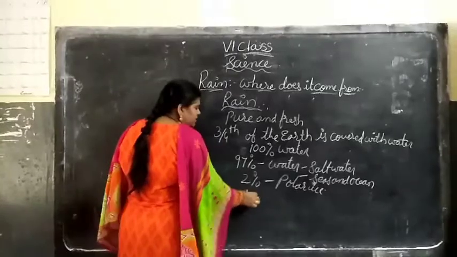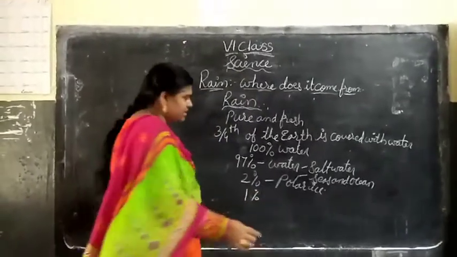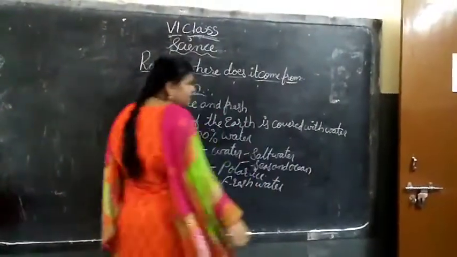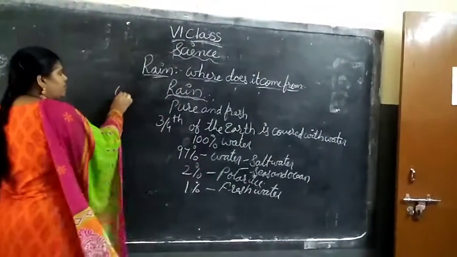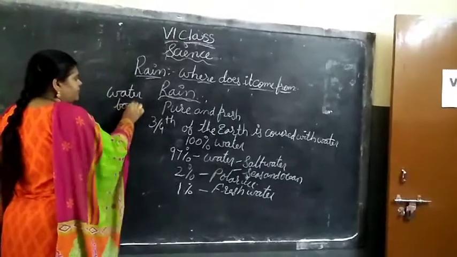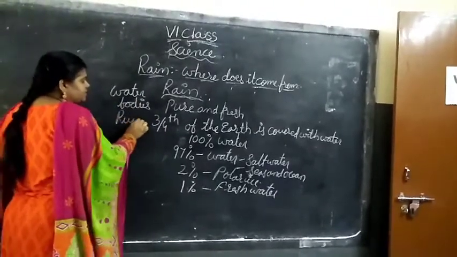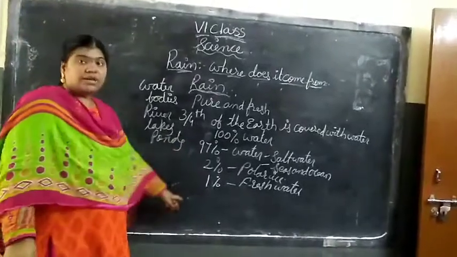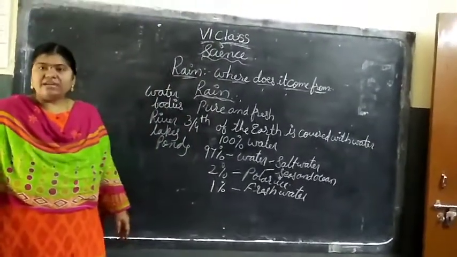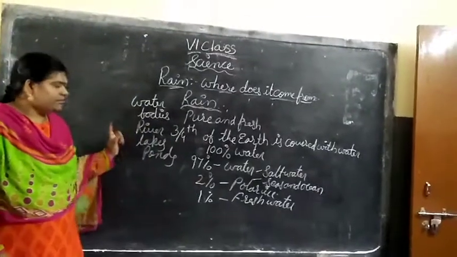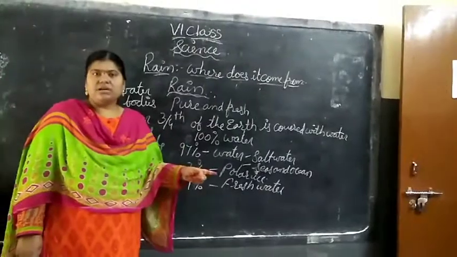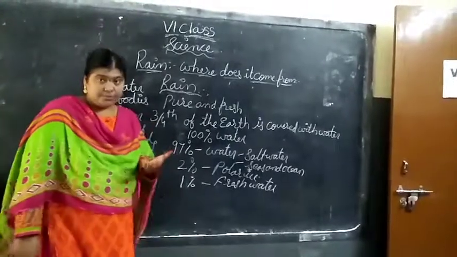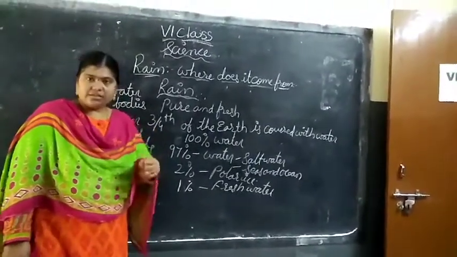And the last 1%, only 1% of the water is fresh water, and this fresh water we are getting from water bodies like rivers, lakes, ponds, etc. This water is useful for agriculture purposes, for domestic purposes, and for electrical purposes.